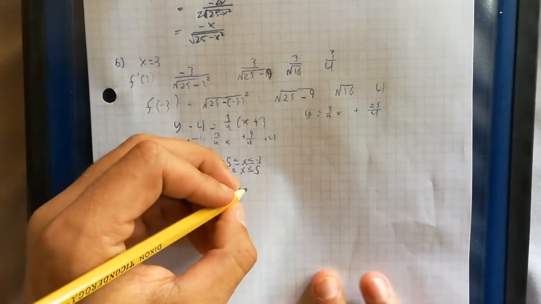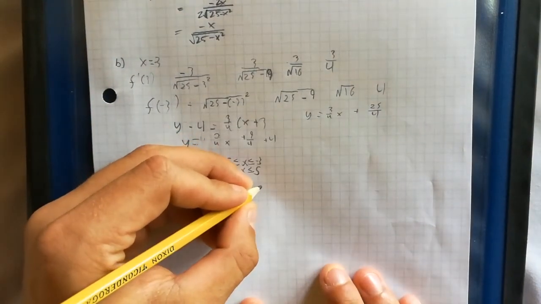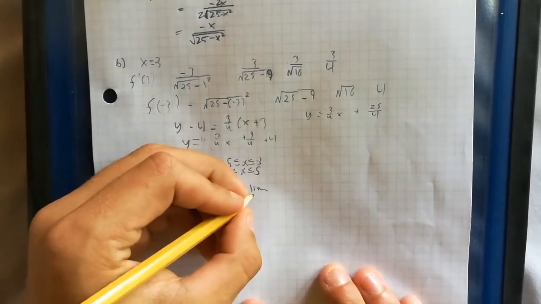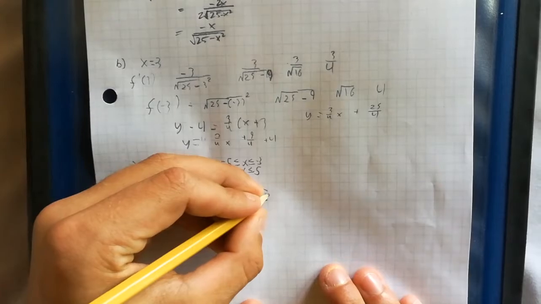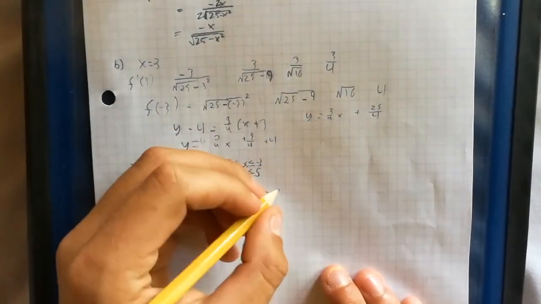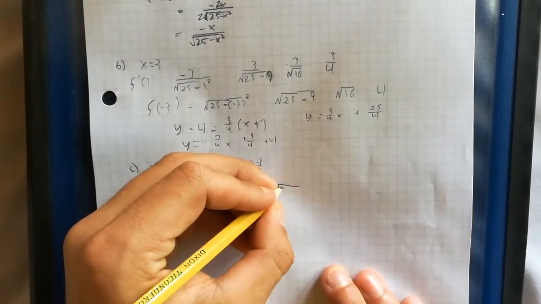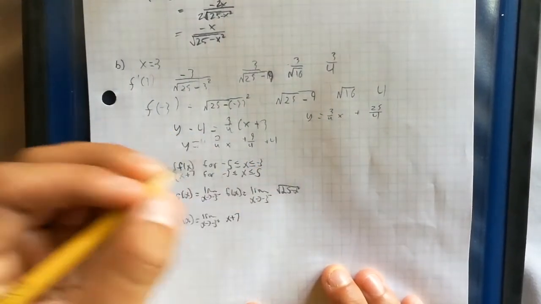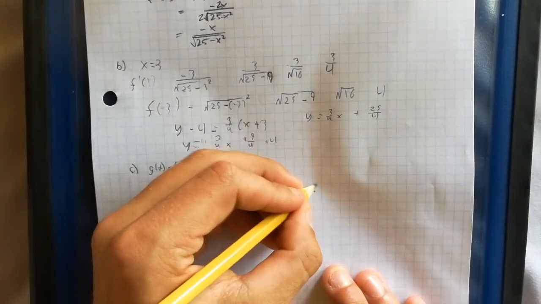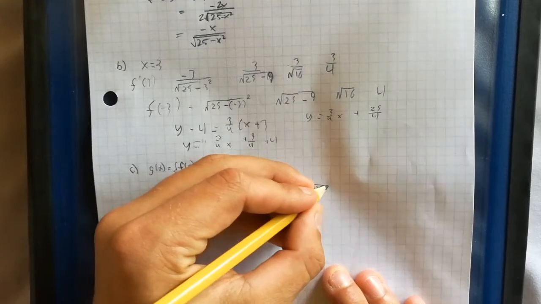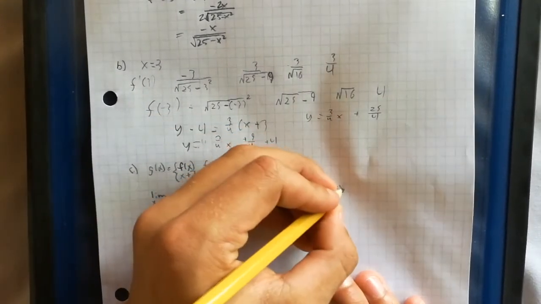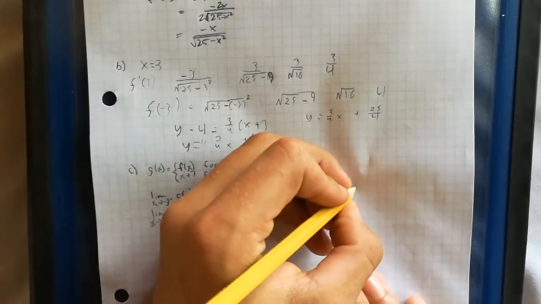This is a limit as x approaches -3 from the left of the square root of 25 minus x squared. You just plug in -3 for x, so the square root of 25 minus 9, which gives the square root of 16, which is equal to 4.